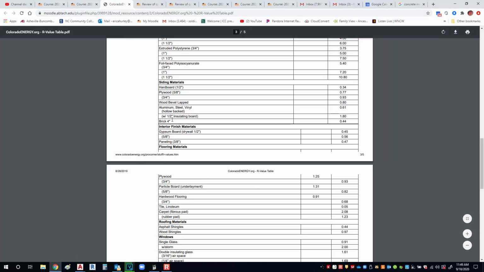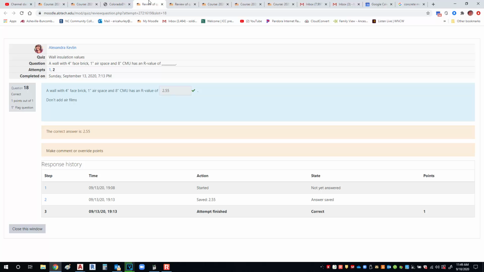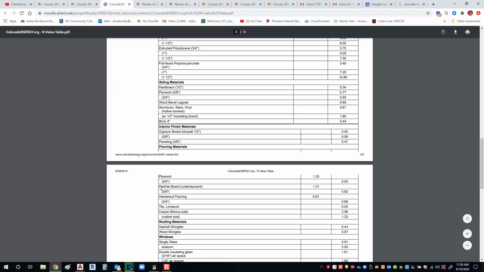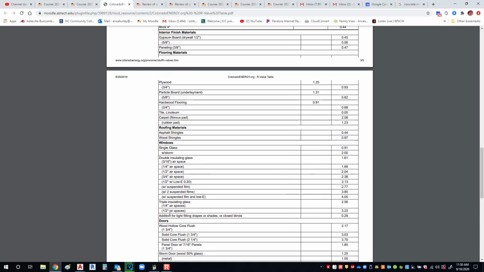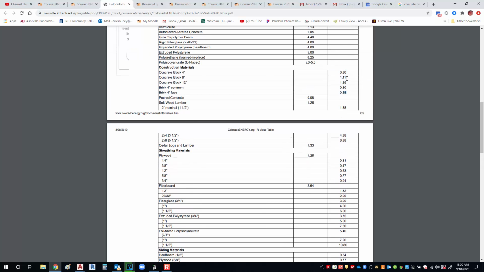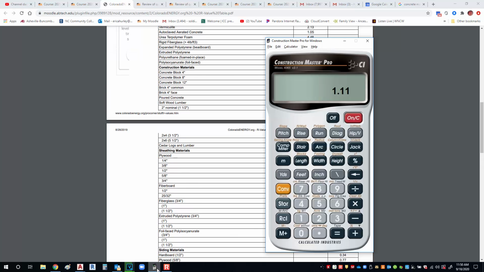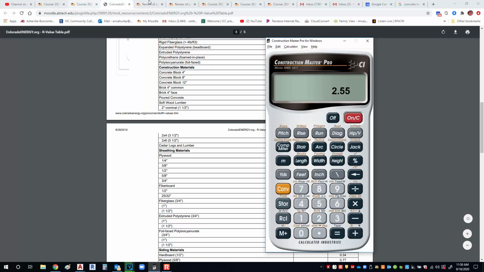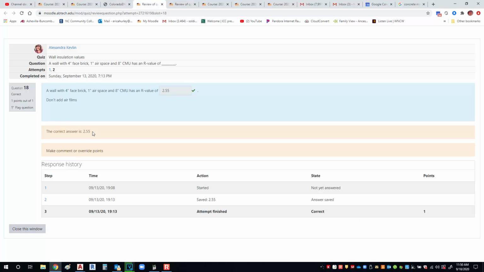Right there. 4-inch face brick, 0.44. 1-inch airspace, which is 1. And then the 8-inch CMU is 1.11. 1.11 plus 1 plus 0.44 is 2.55. Right answer. Good deal, Alex.